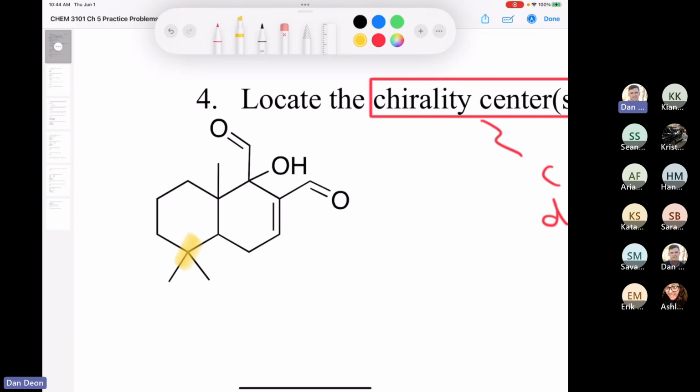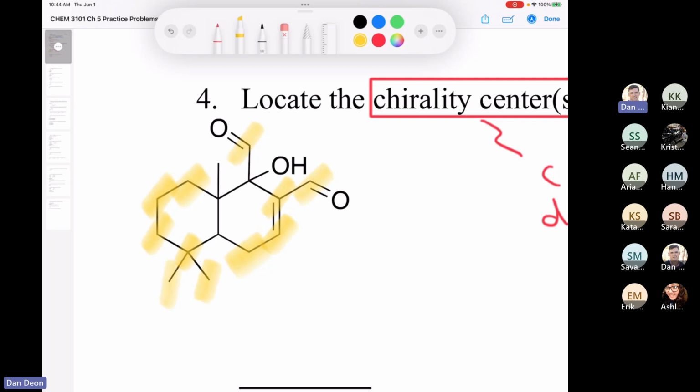Definitely not, right? Because it's got 2 methyl groups on it. So this isn't, this isn't, this isn't. None of those things are chirality centers. Also, the sp2 hybridized carbons aren't chirality centers. Neither is that because they're only attached to 3 groups. You have to be attached to 4 groups in order to be a chirality center. This is an sp2 hybridized carbon, so it doesn't leave us with much.